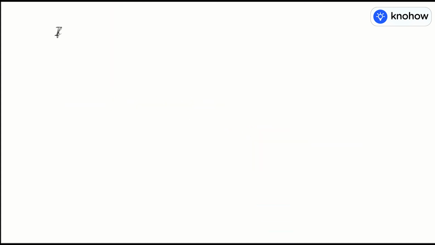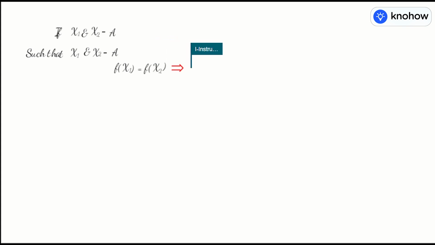That means if x1 and x2 are two distinct elements of set A such that f(x1) equals f(x2), then that should imply x1 equals x2. What does it mean in terms of that particular example?